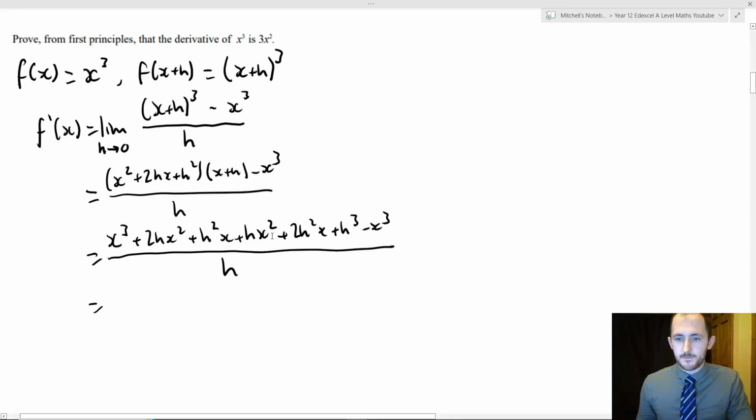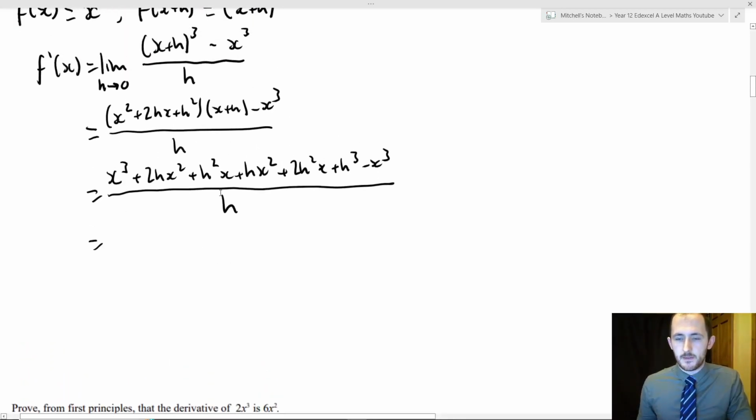So we have a lot here. So what we're going to do is nice and quickly cancel this down. So x cubed cancels with the x cubed. Now how much 2hx squared do we have? Well, we have 2hx squared. We also have another hx squared. So that gives me 3hx squared.